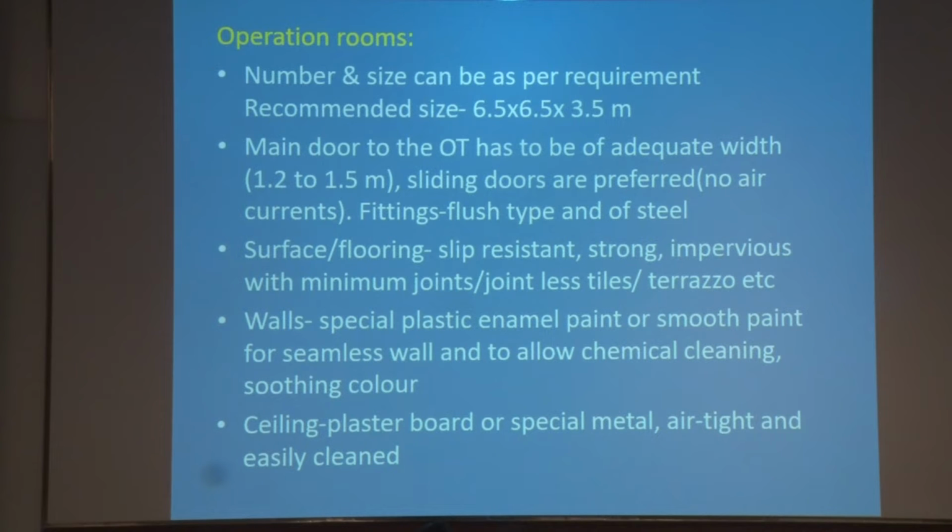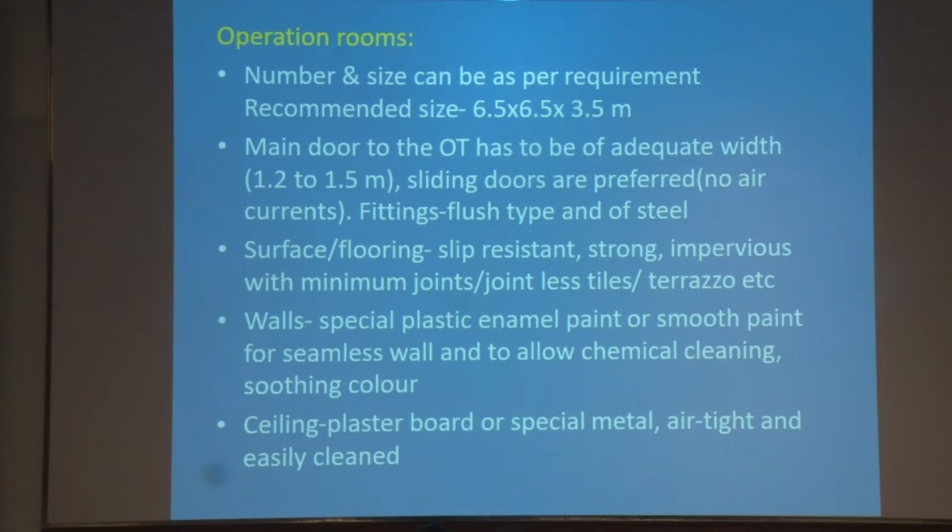Surface and flooring should be slip resistant. It should be strong. If something falls down, like a gas cylinder, it should not break. Impervious with minimum joints, and jointless tiles are easy to clean. Walls may be of tiles, or we can usually use special plastic enamel paints, which are relatively cheaper and seamless, and also allow for chemical cleaning when required.